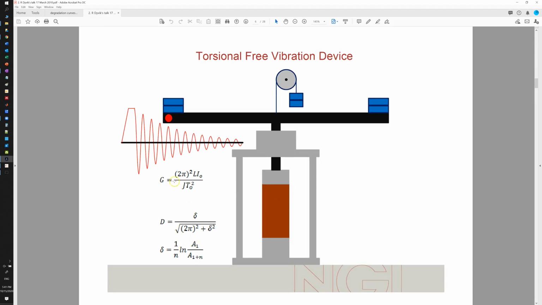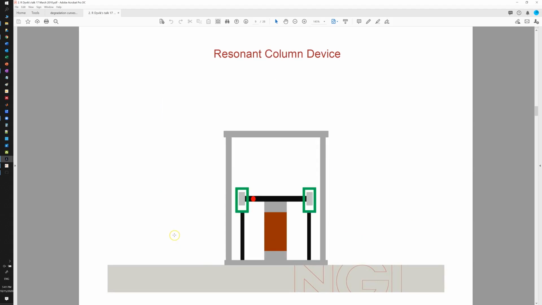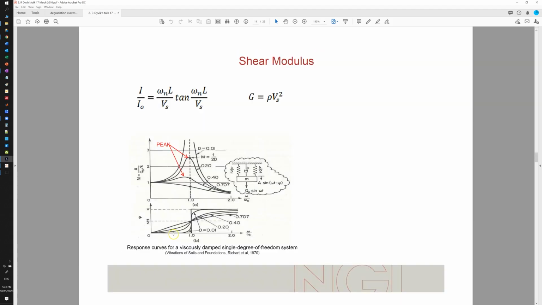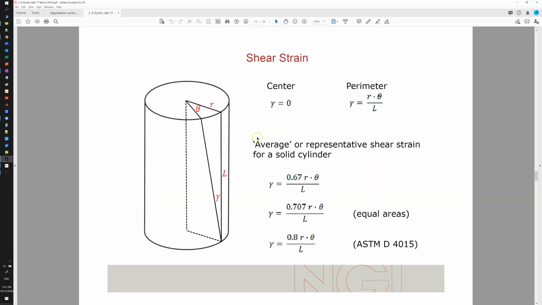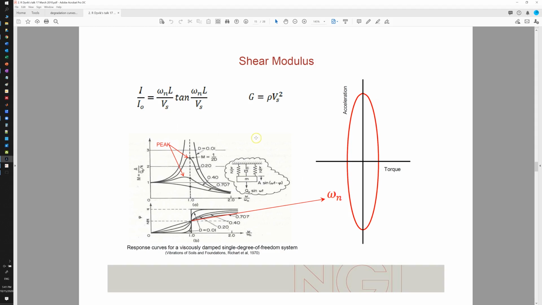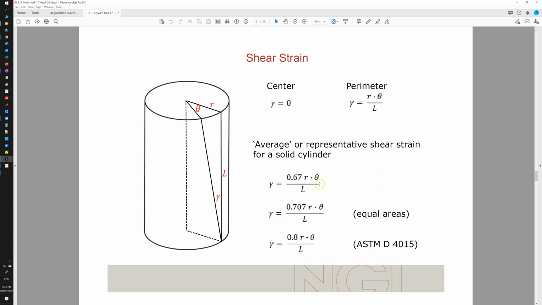And how the math works out for calculating the G and also the D, the shear modulus and damping ratio, and feel free to read about how it determines those shear modulus and damping values using the device, and why it is called resonant column. Because the torque and the accelerations are at resonant conditions, we can identify the frequency, and at that particular frequency we can find out the values that we need. So that's the math over there.